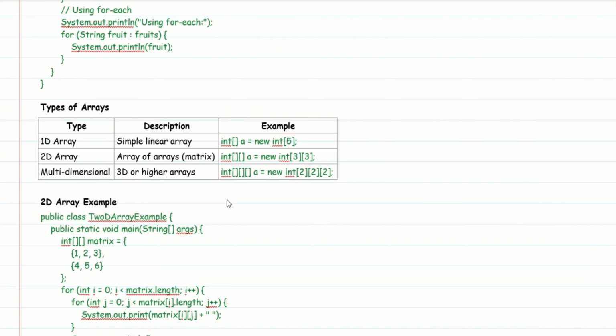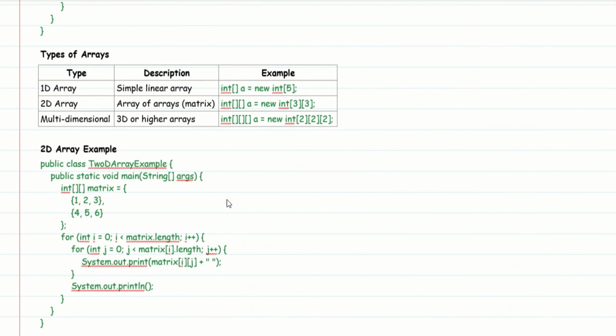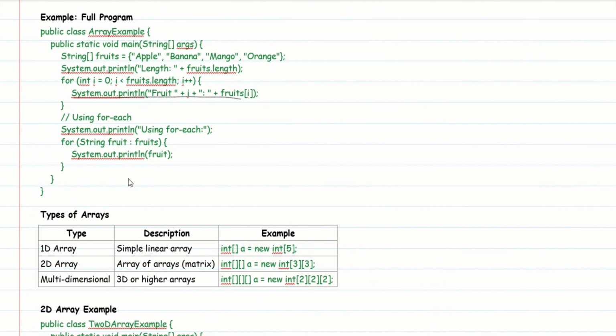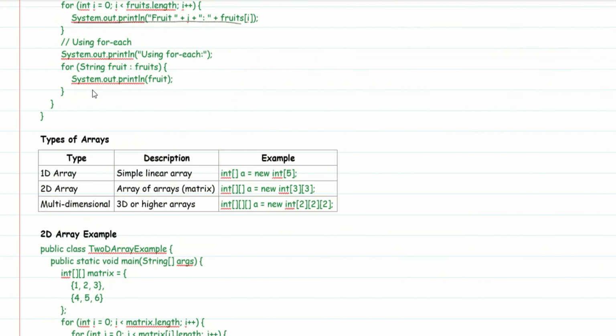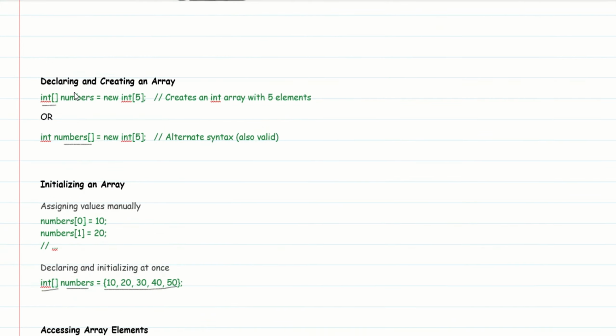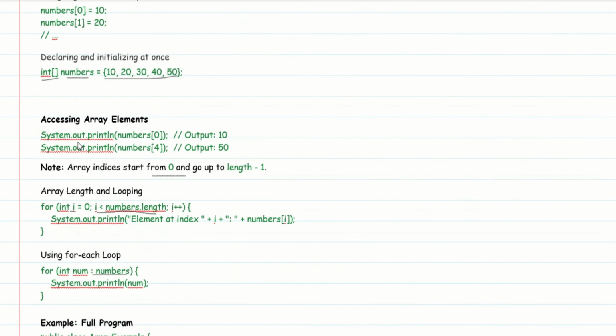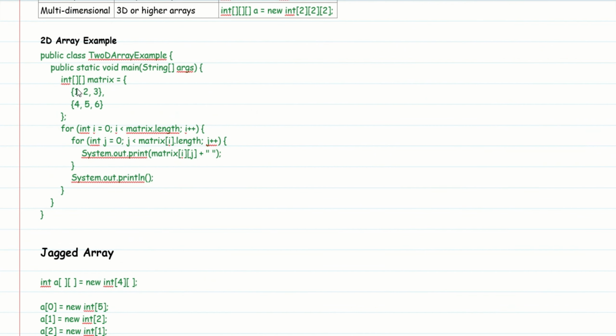So we have 1D arrays and 2D arrays. A 1D array is a simple linear array. Then a 2D array is an array of arrays, that is a matrix, and there are multi-dimensional 3D or higher arrays. In 1D we had a single square bracket, but in this case we have two square brackets and initialize the values.